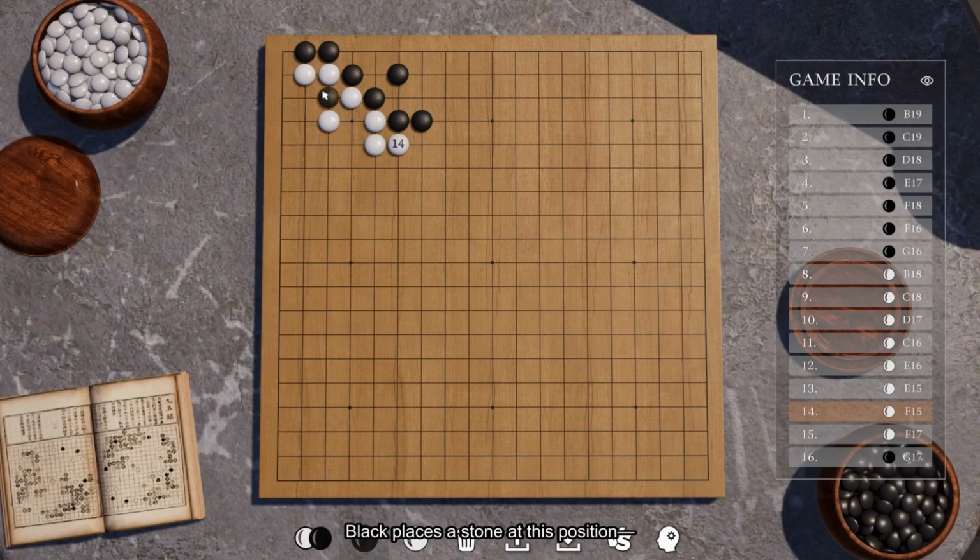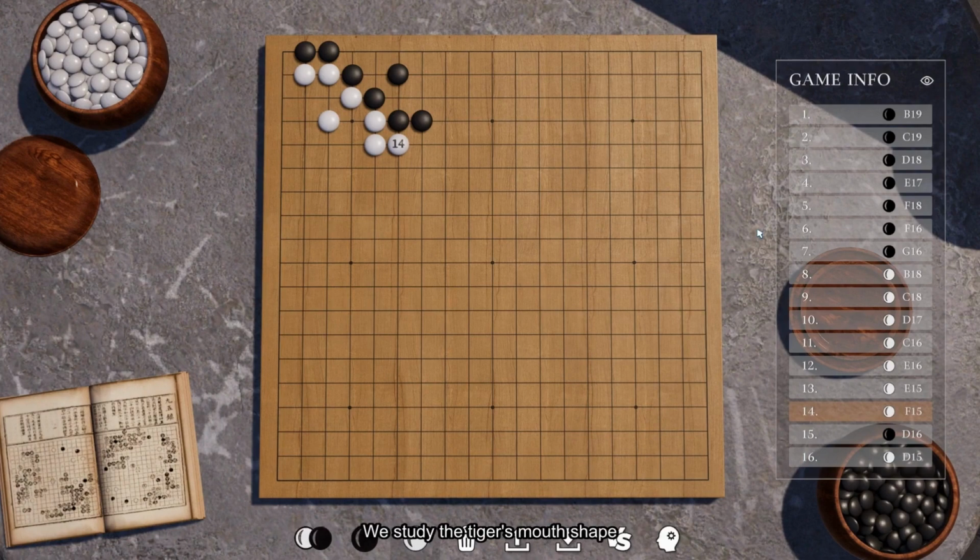Black places a stone at this position, white can capture immediately. This is the first tiger's mouth. Black places a stone at this position, white can also capture immediately. This is the second tiger's mouth. So in this shape, white has only 2 tiger's mouths. So on this board, black and white together have a total of 6 tiger's mouths.